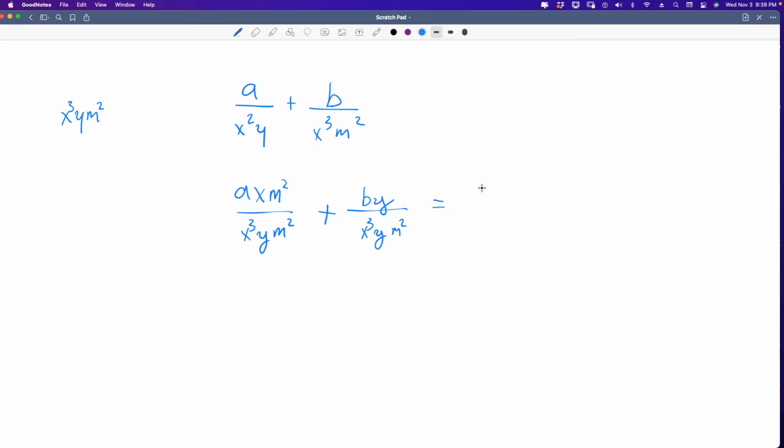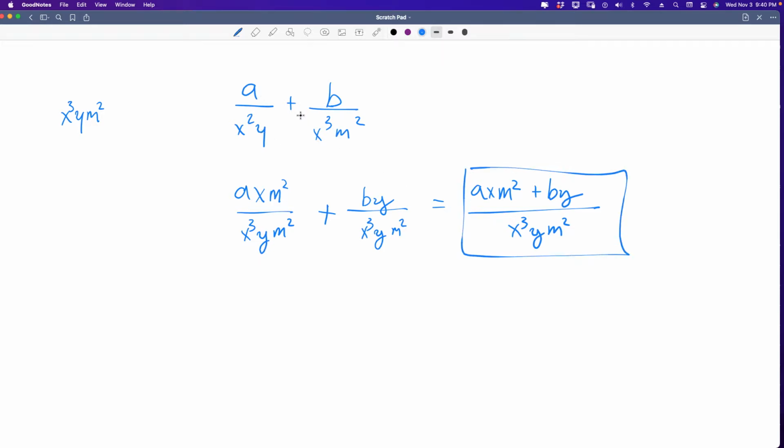So our answer would be ax m squared plus by all over x cubed y m squared. That would be how we would solve a problem like this that we wouldn't be able to combine. It allows us to combine them and have a one fraction answer.